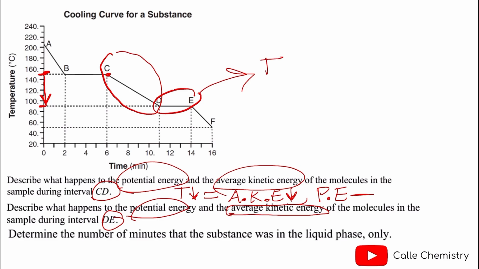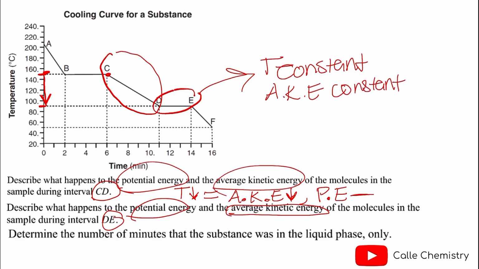So if the temperature is staying constant, that means that the average kinetic energy must be constant during DE, and the potential energy must be decreasing because this is a cooling curve. Let's go to the next one.